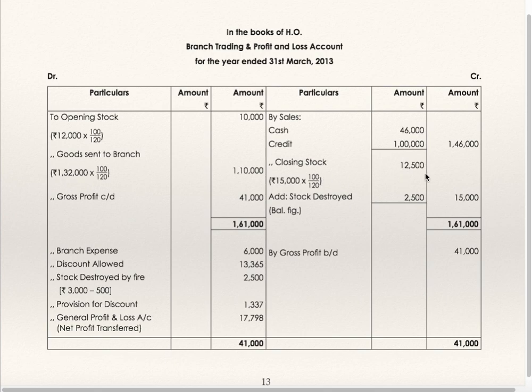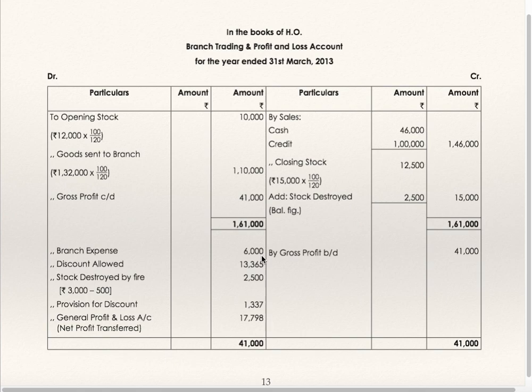By closing stock at cost, 15,000 divided by 120 into 100. Then loss by fire, stock destroyed by fire, cost 2,500. I have shown you in the first working note: goods lost by fire is 3,000, whose cost is 2,500. Gross profit is 41,000, which gets transferred to profit and loss account.